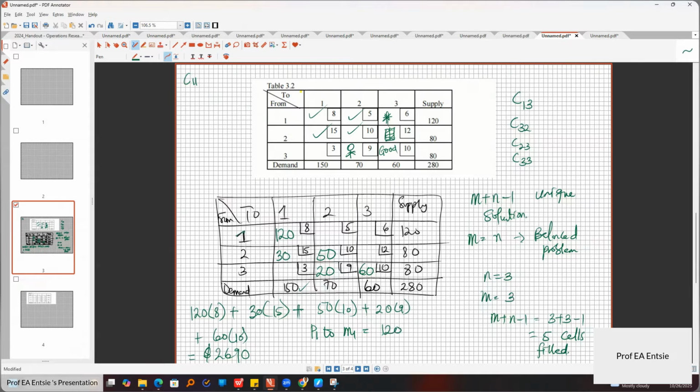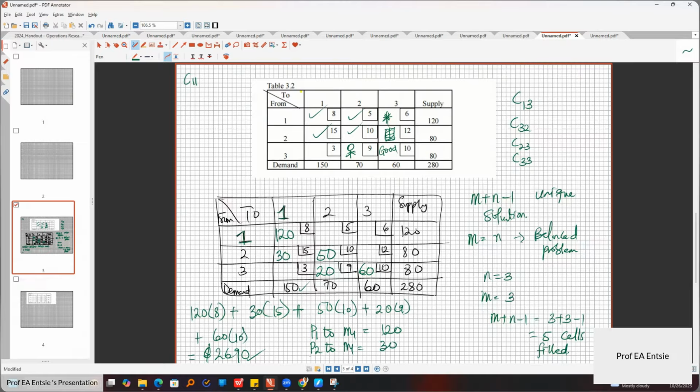So that's the final solution. The cost is this. Then the number of concrete to be transferred is the one I'm writing. The number of concrete I can transfer from plant two to mine one is 30 concrete.